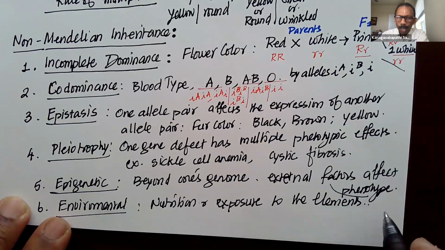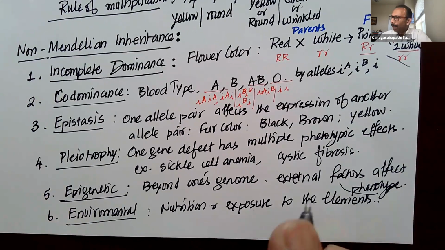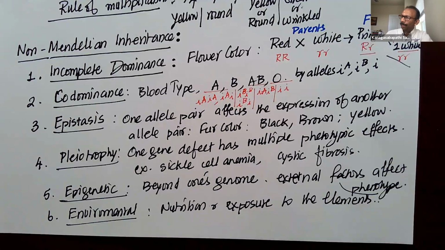All this is external exposure, and all of it is considered non-Mendelian types of inheritance. These are some examples, and you need to understand what each of these means and what the examples are for them.